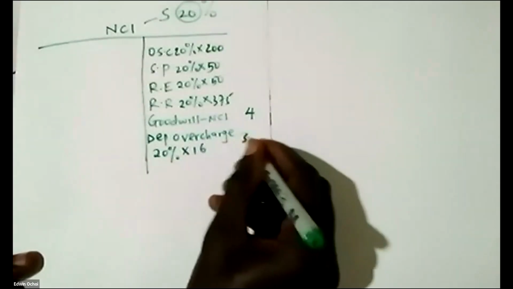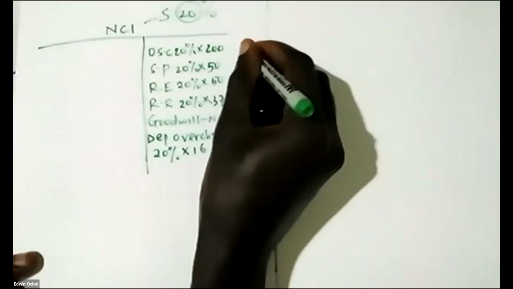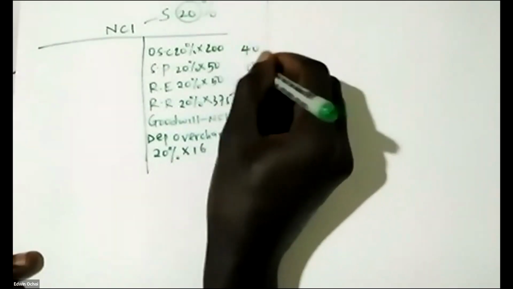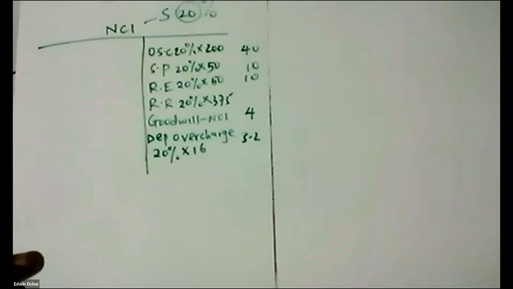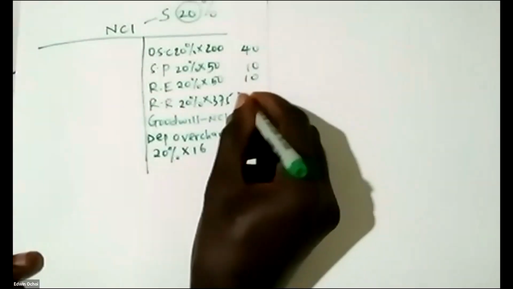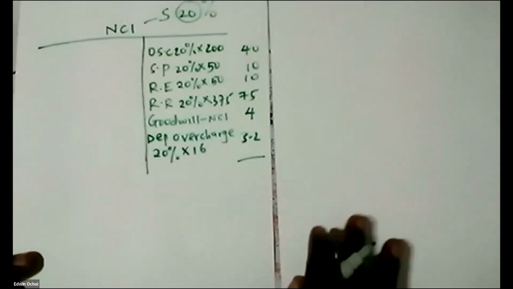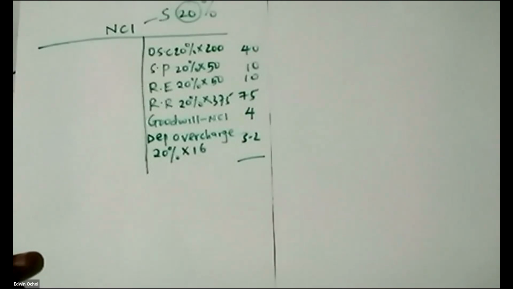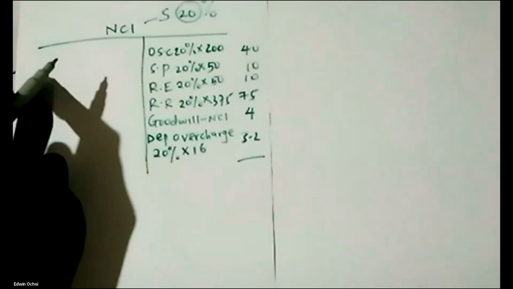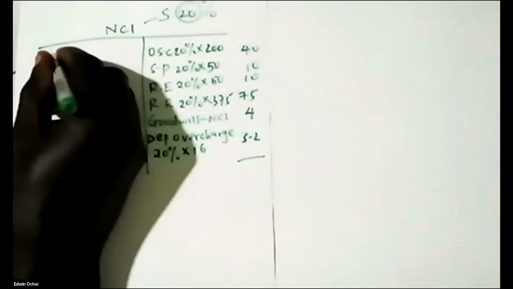So this is 3.2. So this was 40. This is 10. This is 10. So 0.2 times 375, that is 75. That is what we record under the credit side. Then the debit side. Since we have a depreciation overcharge here, we have an undercharge, including UPS.